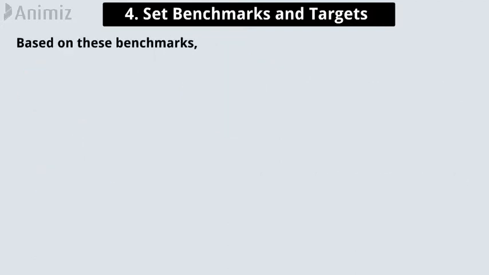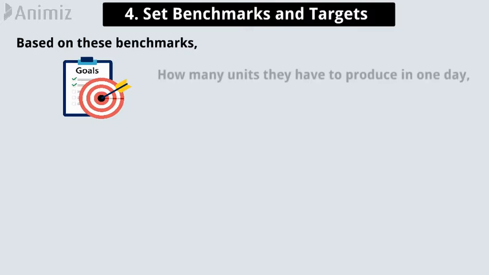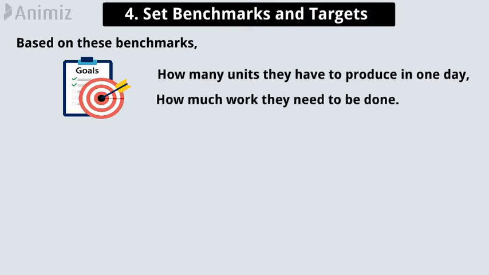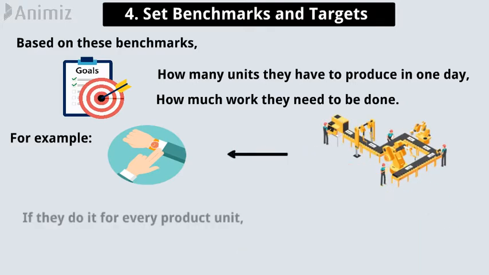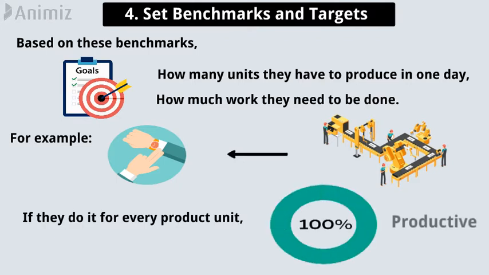Based on these benchmarks, the company can set productivity targets. That is how many units they have to produce in one day, or how much work needs to be done. For example, some companies set a time to assemble a product, and workers have to complete the assembly within that time. If they do it for every product unit, we can say they are 100% productive.